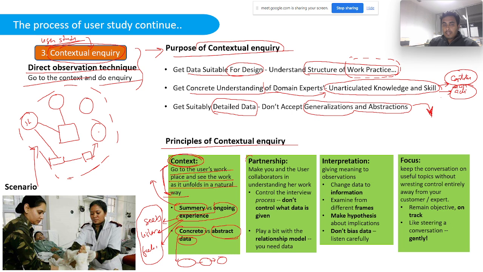The second principle is partnership. Make the user collaborate with you in doing his particular job. Do not control the way the data is given to you; rather, control your inquiry process. In a contextual inquiry you also conduct interviews, but not the way you usually conduct interviews.